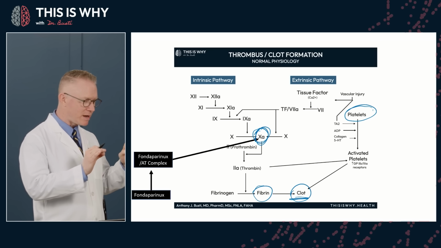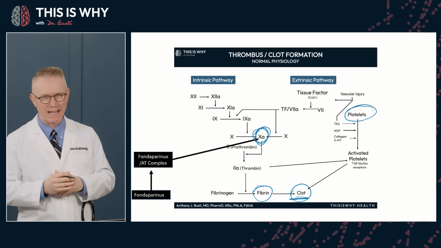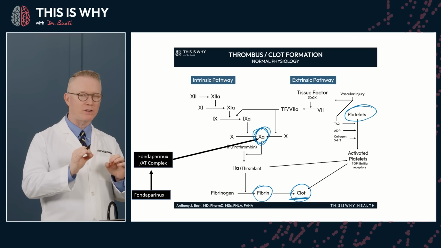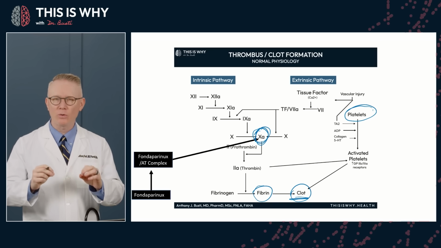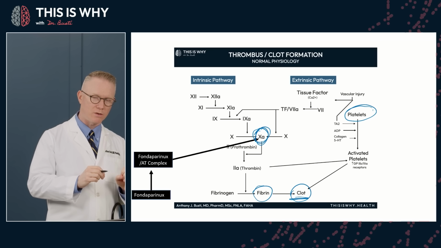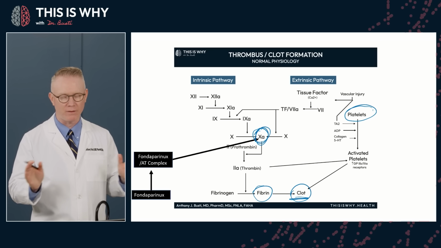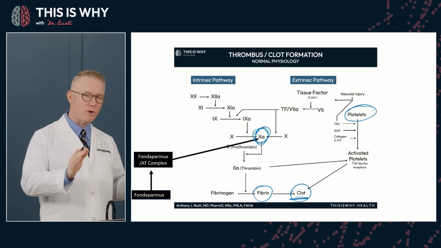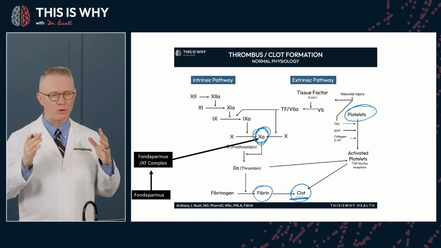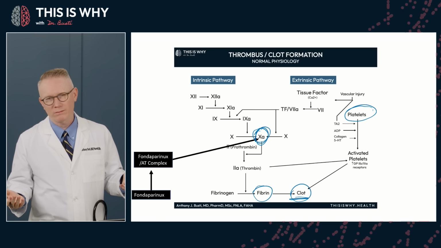Fondaparinux, which I mentioned, remember, is one of our parenteral direct factor 10A inhibitors. Listen, guys, it requires the presence of antithrombin to work. Without it, it does nothing meaningful. Antithrombin is present in our bodies and is a normal endogenous anticoagulant. It's just not a great one.